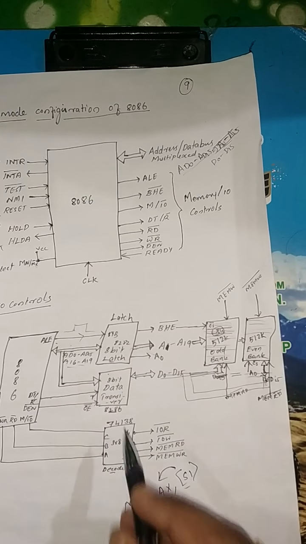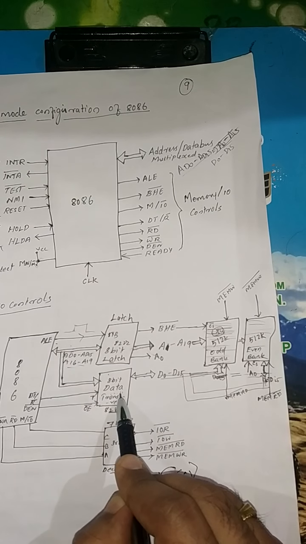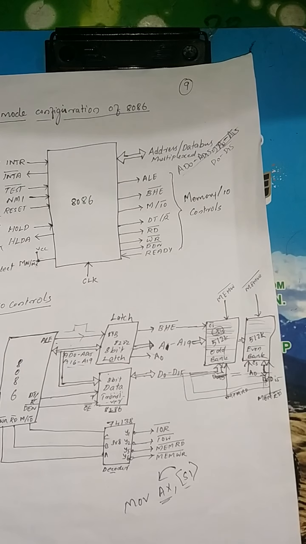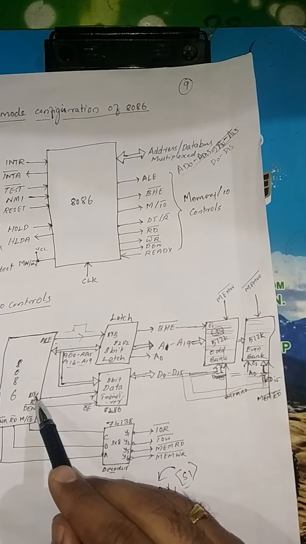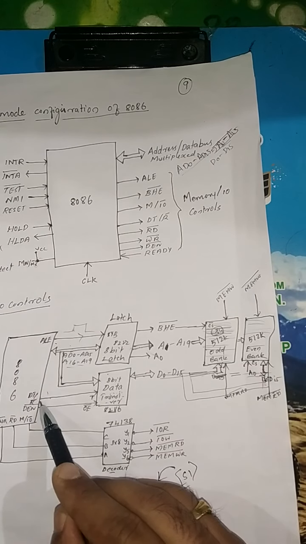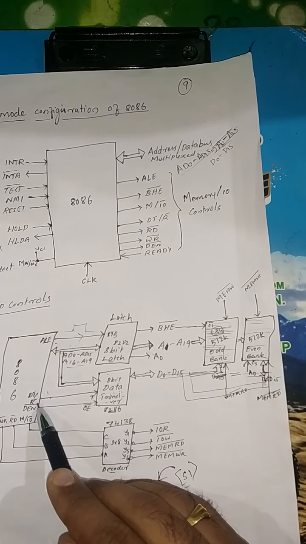In this case the data transfer direction is controlled by the DT/R bar signal. If data is transmitting, then DT/R bar will be 1. If it is receiving, then it will be 0.